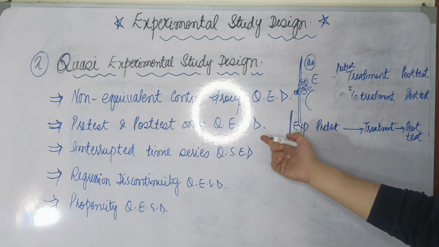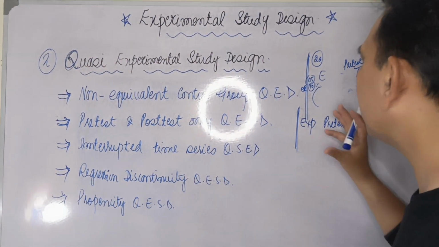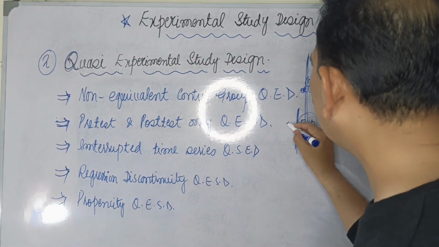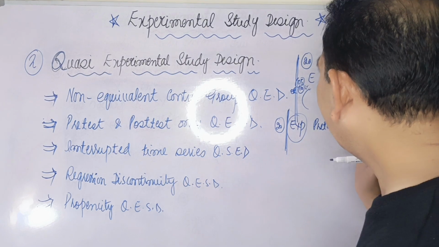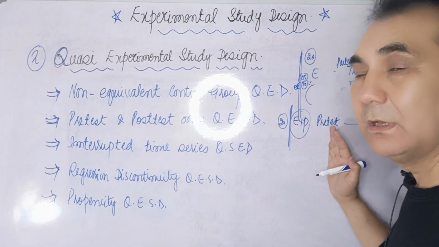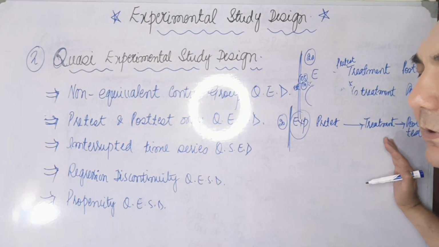In this quasi-experimental study design, the researcher takes an experiment group, suppose 20 or 30 participants, conducts the pre-test, and then gives the treatment, maybe an educational treatment, maybe an intervention, or any other.